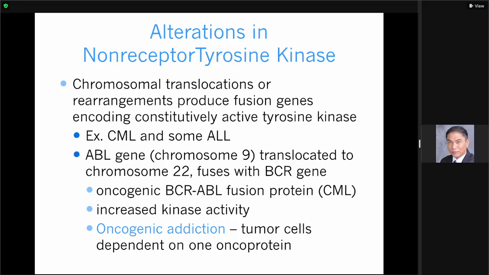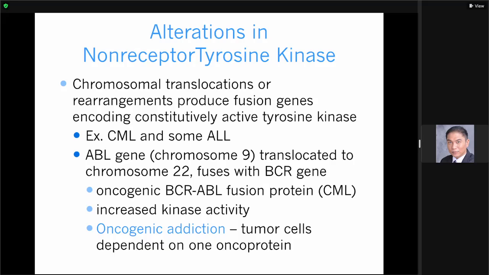Now, there can also be alteration in non-receptor tyrosine kinase. Kasi we have receptors with intrinsic tyrosine kinase activity. Meron ding receptors na walang intrinsic na tyrosine kinase activity, that they will have to recruit another molecule to do the phosphorylation for the signal transduction to proceed.